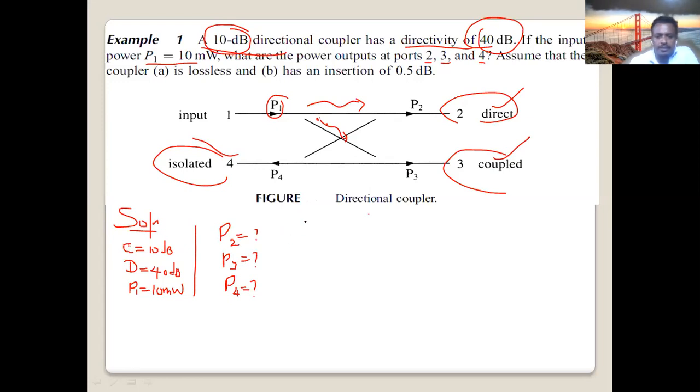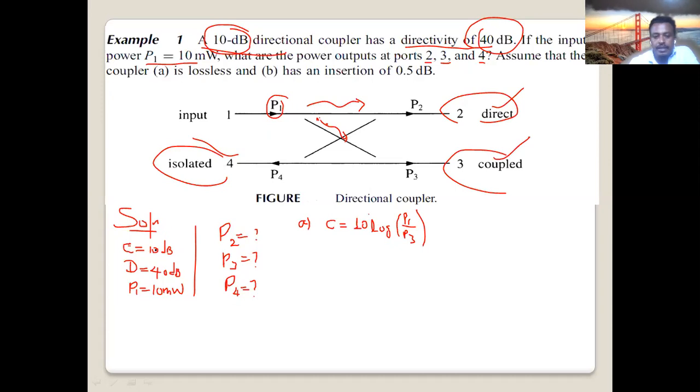Okay, so let's start from the first one. For coupling, C is equal to 10 log of P1 divided by P3, right? Coupling compares P1 with P3.